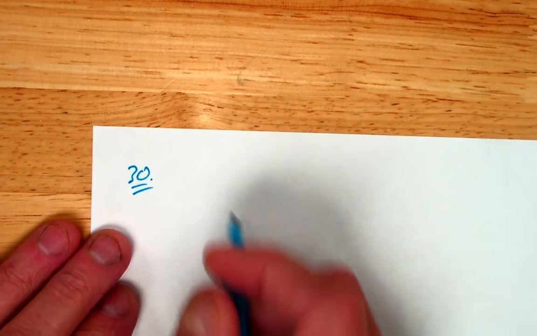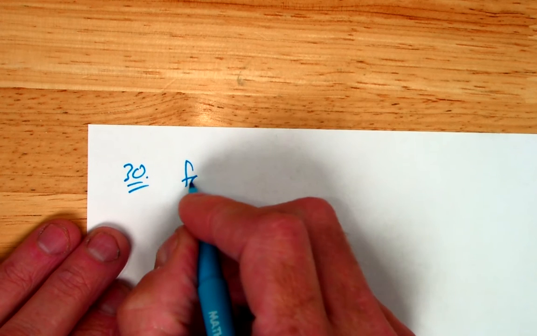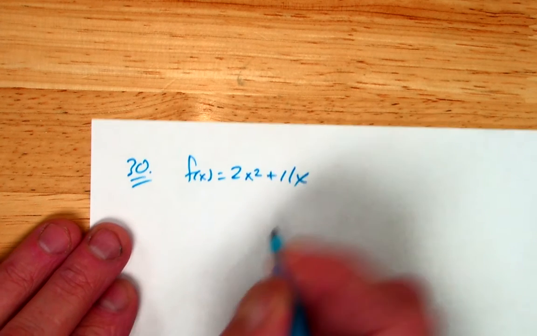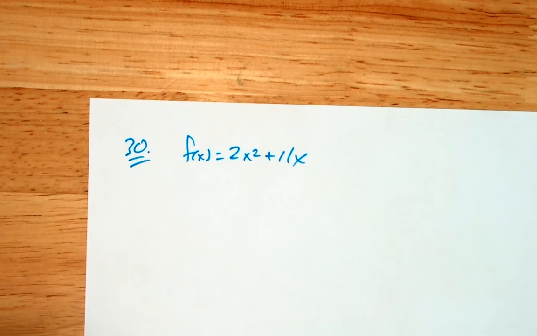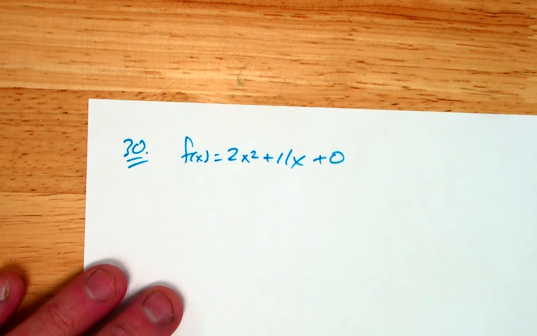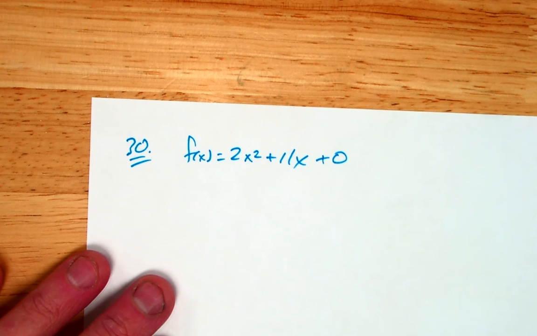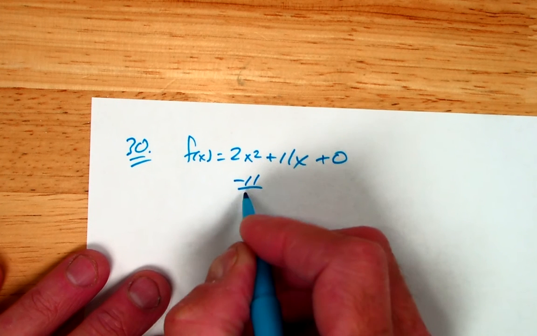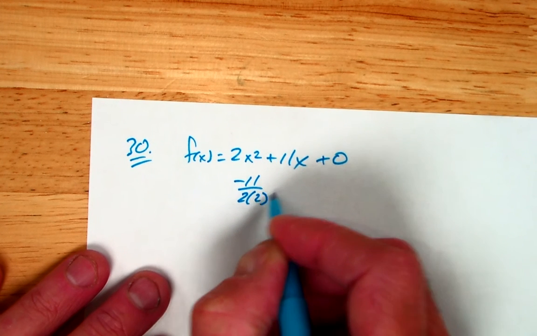So for 30, I've had a question asked on 30. So f of x equals 2x squared plus 11x. What we're looking for on 30 is find the y-intercept, 0. It says the equation of the axis of symmetry. Well, it's the opposite of b over 2a.